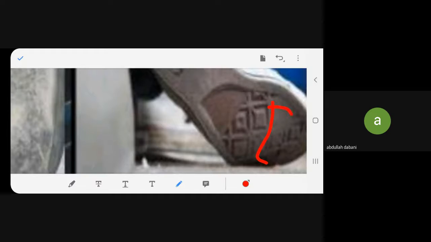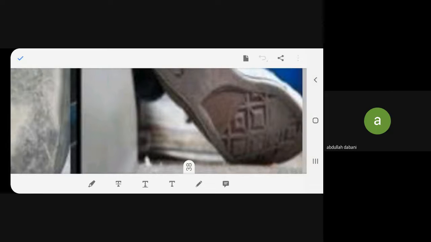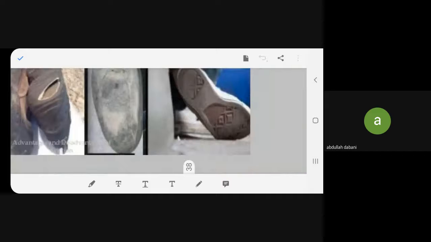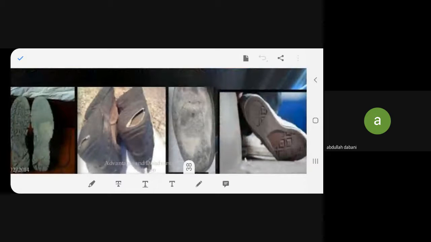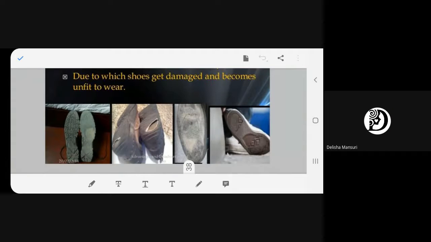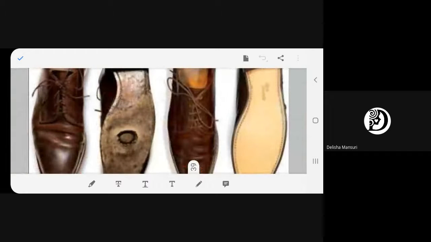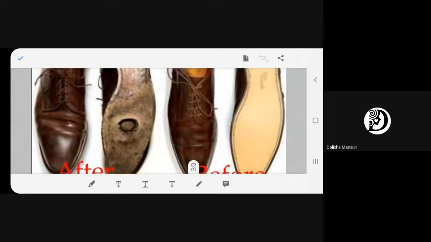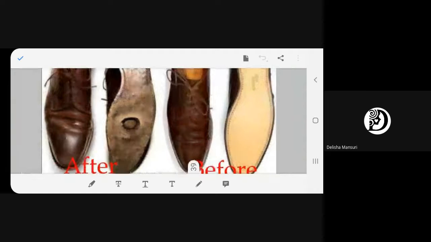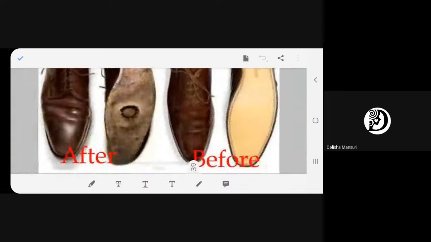No. It's all gone. This is a worn out look. And you even get holes. This is the disadvantage of friction. This is a new shoe and this is a worn out shoe. You can see this is before and this is after.